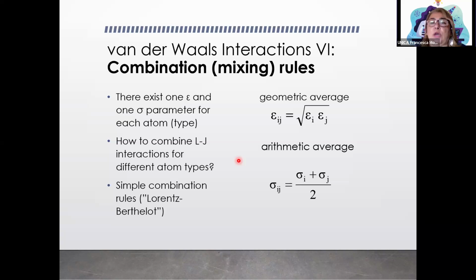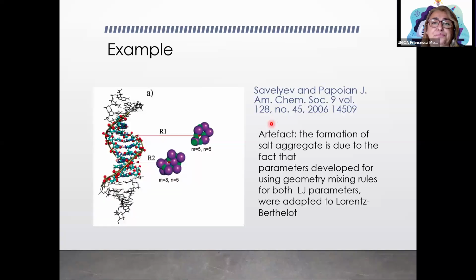Because using parameters optimized for a force field where a certain combination rule is used for epsilon and sigma will not be good for a force field that uses the geometric average for both terms.